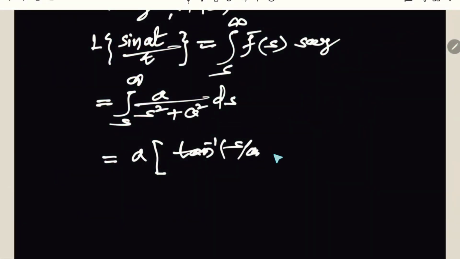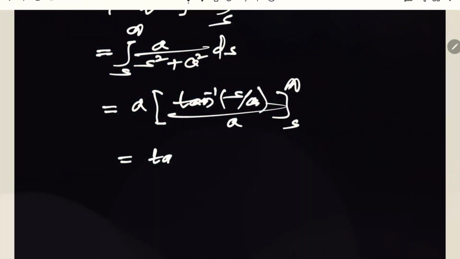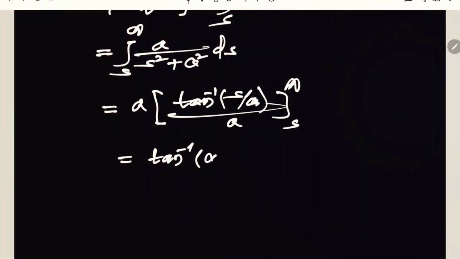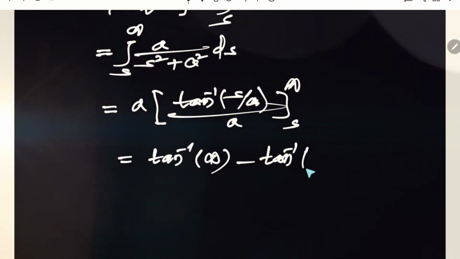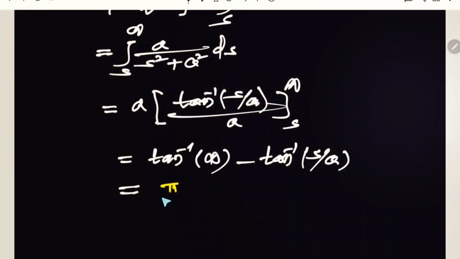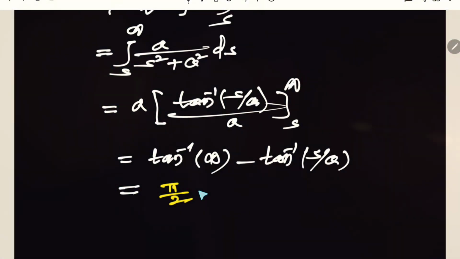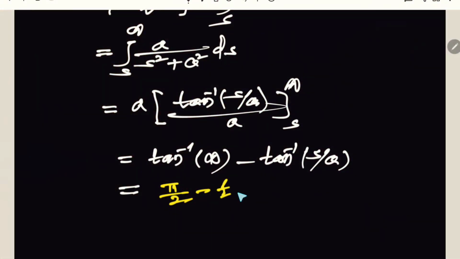Therefore here it becomes tan inverse of s by a divided by a, limit from s to infinity, a gets cancelled, and then for the upper limit it becomes tan inverse of infinity minus tan inverse of s by a for the lower limit. Tan inverse of infinity is pi by 2.